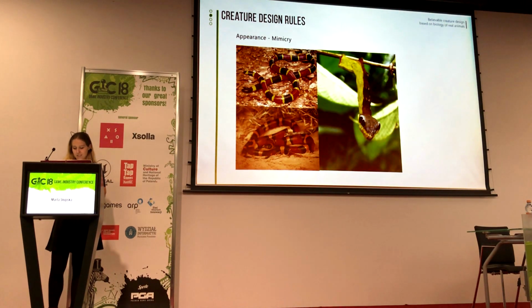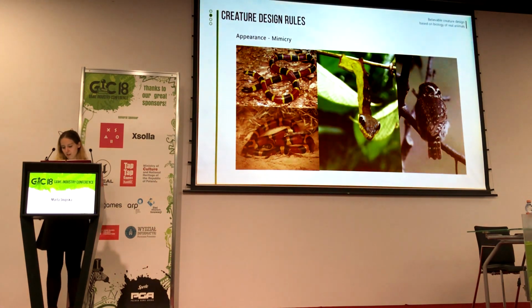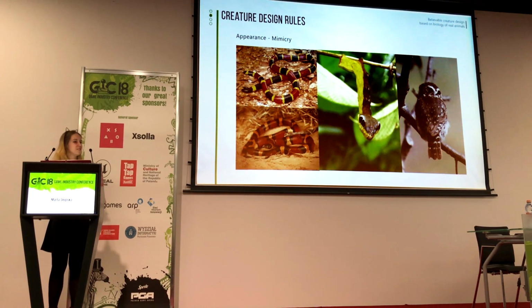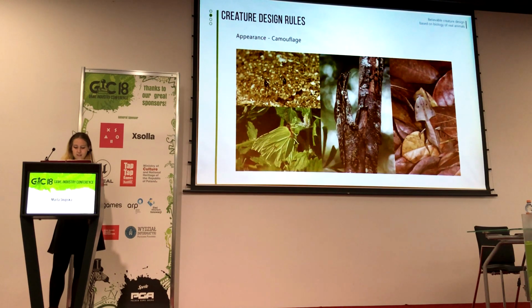Another example is this little larva that's trying to look like a very dangerous snake. And the second one is the pygmy owl, and we are actually looking at its back. So it looks like it has eyes behind it, so nobody approaches it from behind because they are scared it will see them.